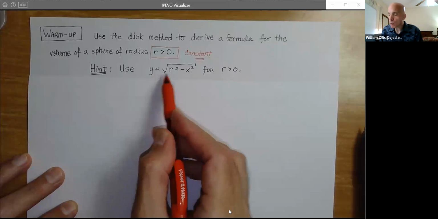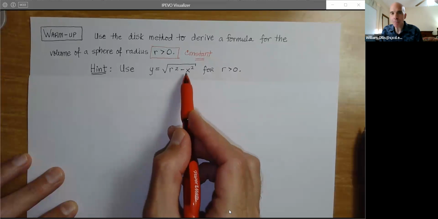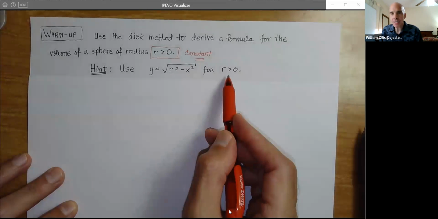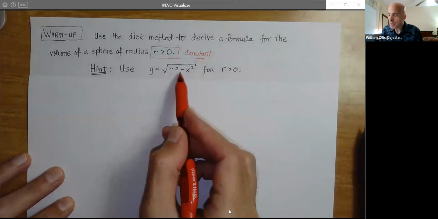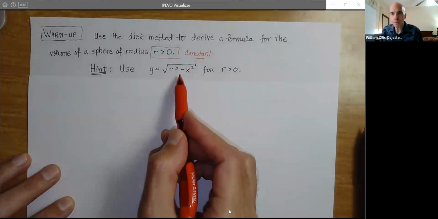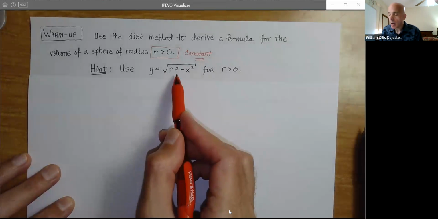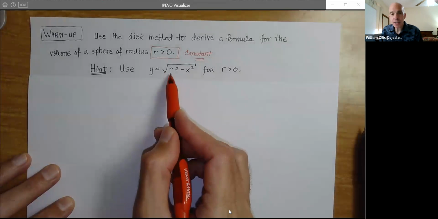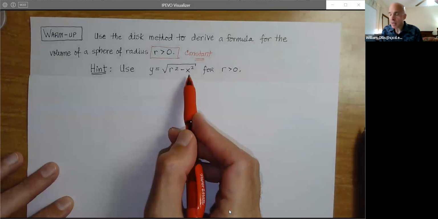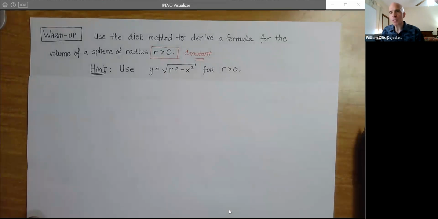That is y equals the square root of r squared minus x squared for some positive constant. And if you look at this, this is just a semicircle. This is the upper arc of a circle of radius r centered at the origin. So think about this for a few seconds and then we'll discuss it.